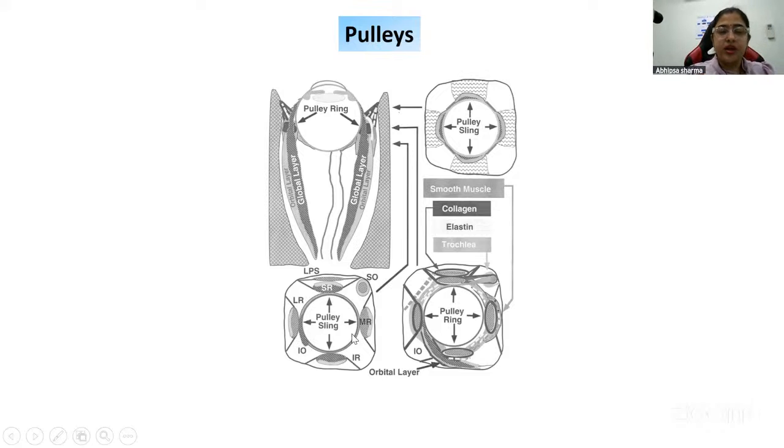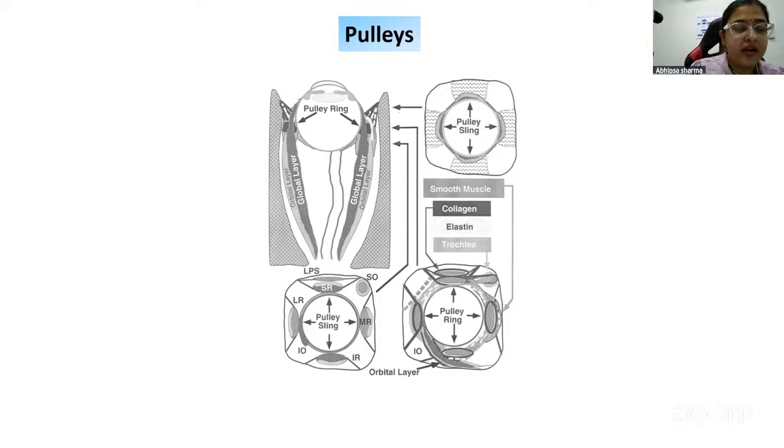The significance of these pulleys is that they guide the muscle action. They constrain the paths of the extraocular muscles, they stabilize the muscles, and they influence the force direction of the muscles.